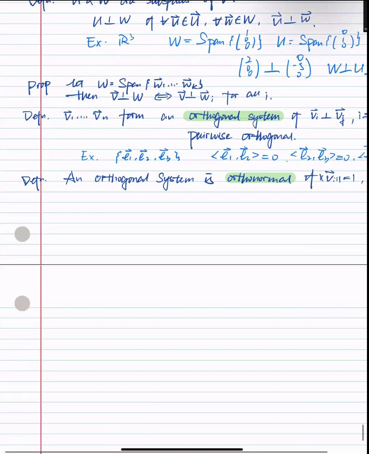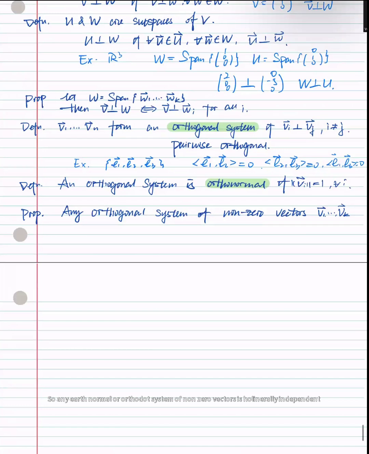Now a proposition: any orthogonal system of non-zero vectors is linearly independent.